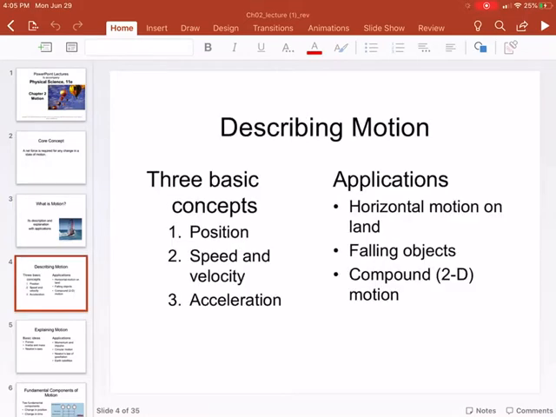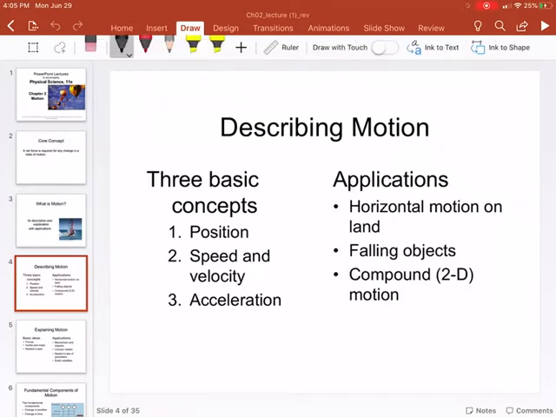So the definition of motion, it is a description and explanation with application. And there are 3 basic concepts of motion. So we're going to go through all of these. First is position. Position, speed and velocity, and acceleration. So we will talk about all of those concepts. Again, this is just kind of an outline, and more in depth.